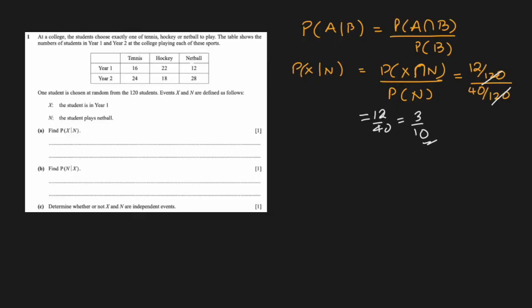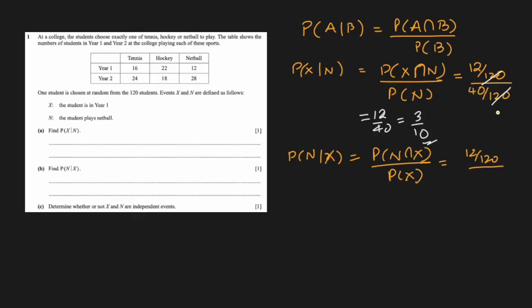You could have done this directly also, but if you want to use this formula, this is how it is done. Now the probability of N given X, the opposite of this, will be the probability of N intersection X divided by the probability of X this time. N intersection X we already got: 12 out of 120.